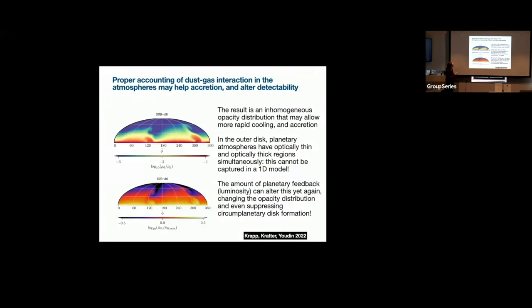What I'm showing here is the dust to gas ratio and the opacity. This is telling you how optically thick or thin this planetary atmosphere would be relative to what you would get if you had just painted on the dust grains in a uniform mixture. And what you can see is that the dust structure is highly asymmetric in both longitude and latitude, and that the ratio of the actual opacity to what you would derive from a well-mixed distribution can change dramatically.